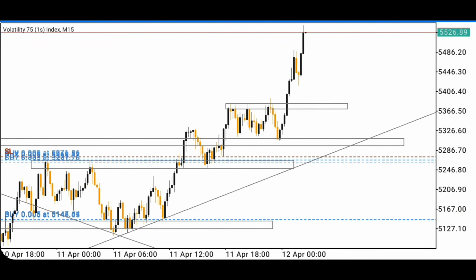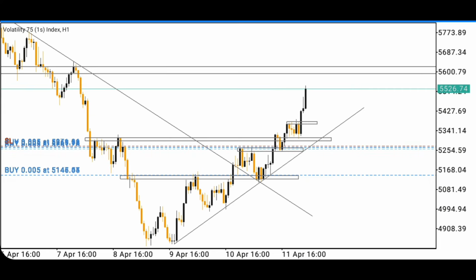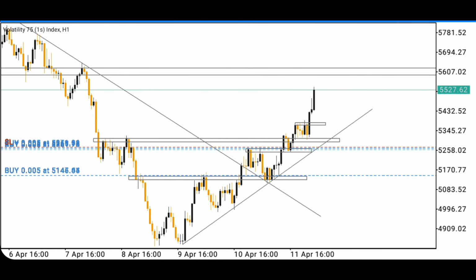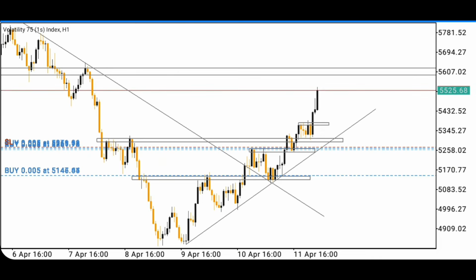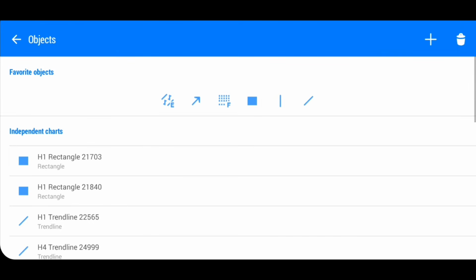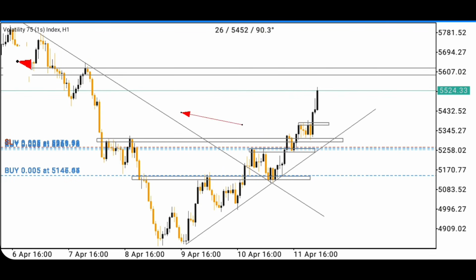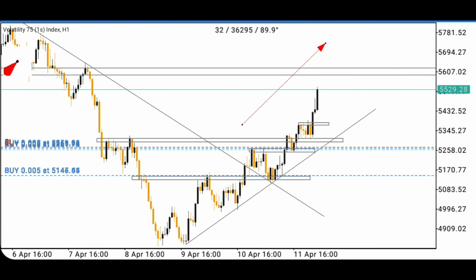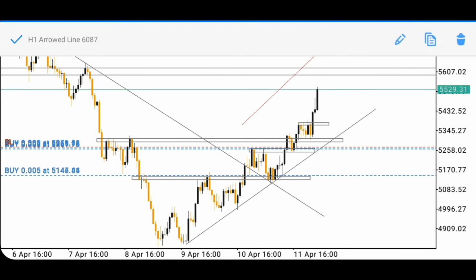Now I'm just going to hold this trade up until this resistance zone right here, and I'm going to see how the market will behave once it reaches here. If it breaks out and leaves a demand zone again, on retest, I'm going to add more trades, for I know we still have a long way up.